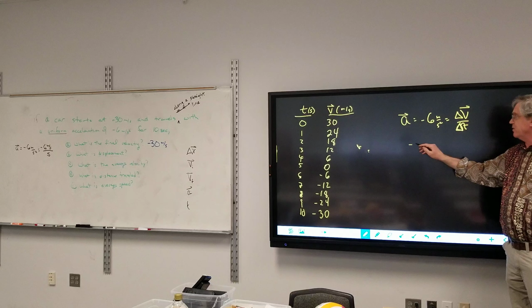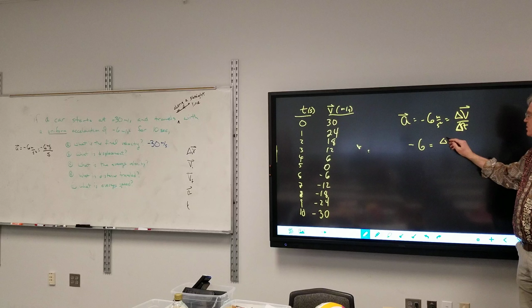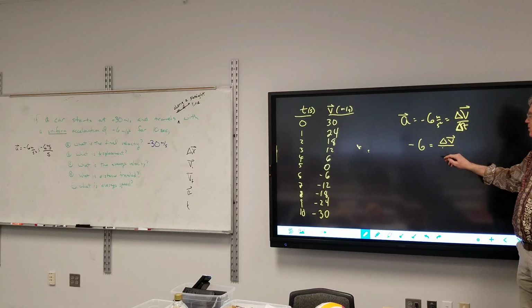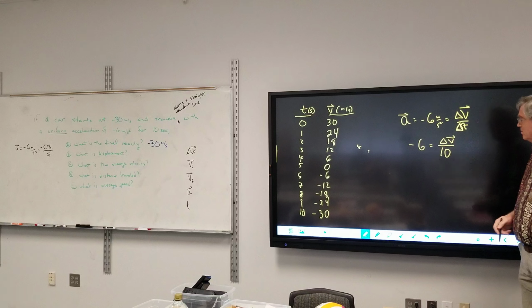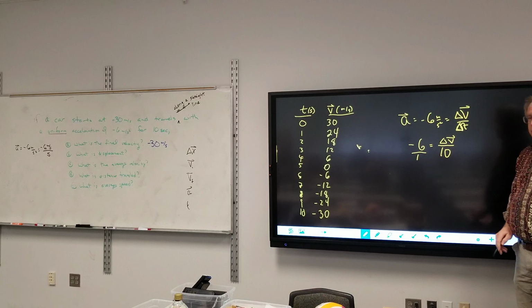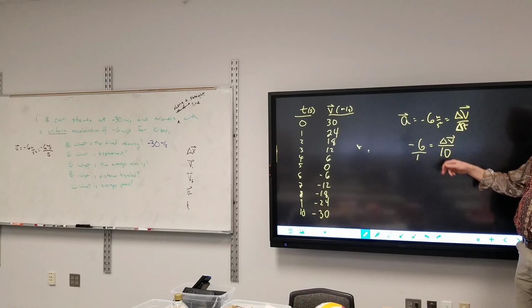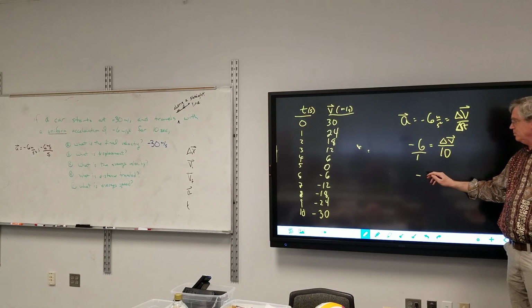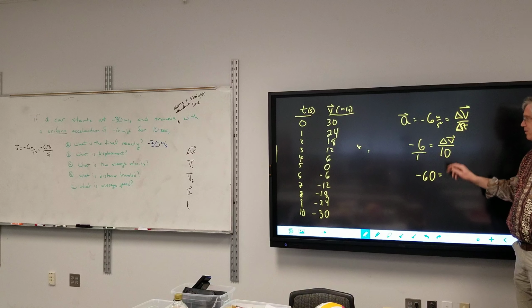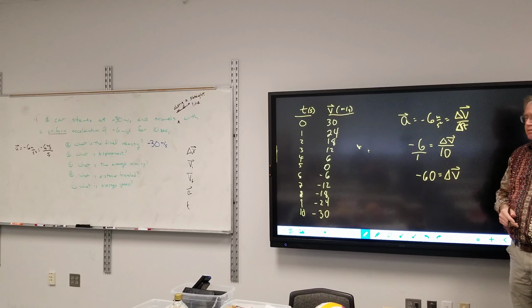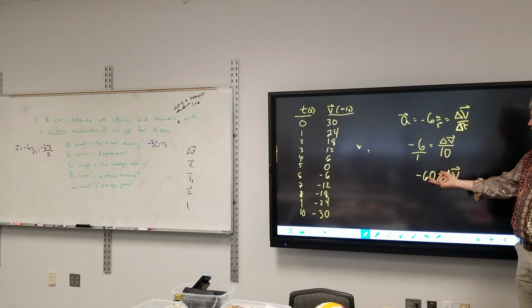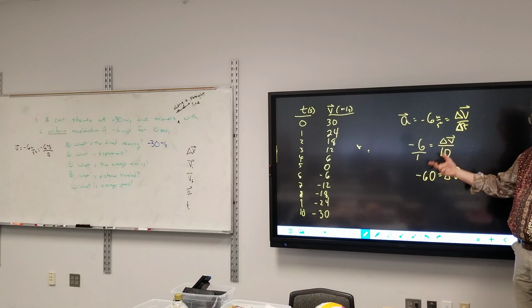So I know that negative 6 is equal to my change in velocity over 10, because the time elapsed was 10 seconds. So got two fractions equal to each other. I multiply the diagonal, and that's equal to the other diagonal. So my velocity is going to change negative 60 meters per second. If I start at 30 and it changes by negative 60, I end up at negative 30.